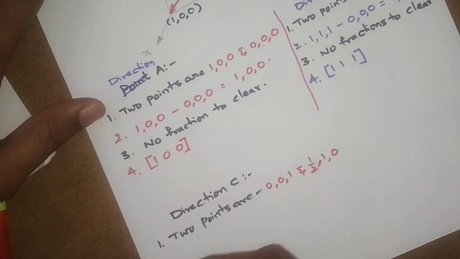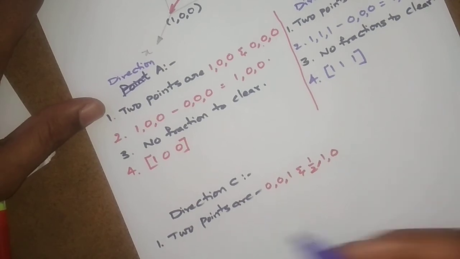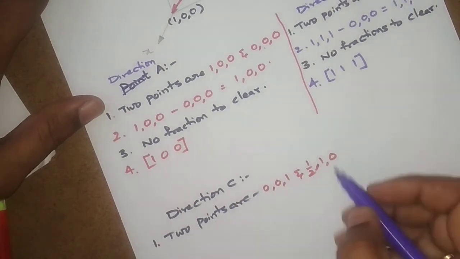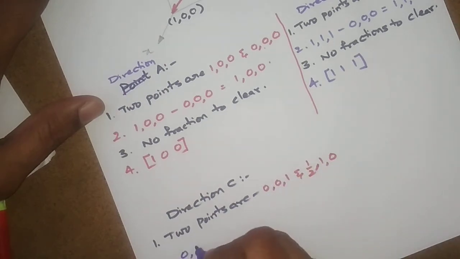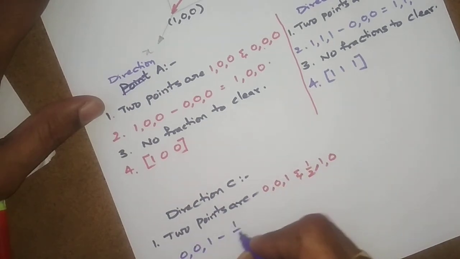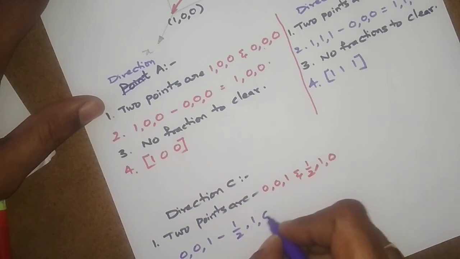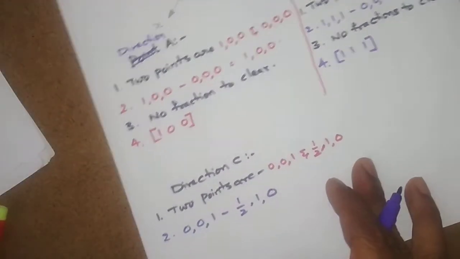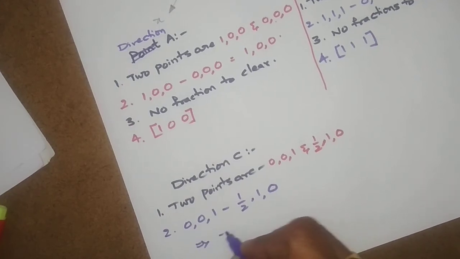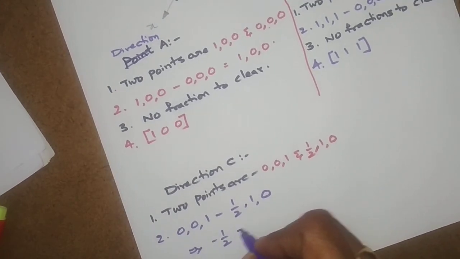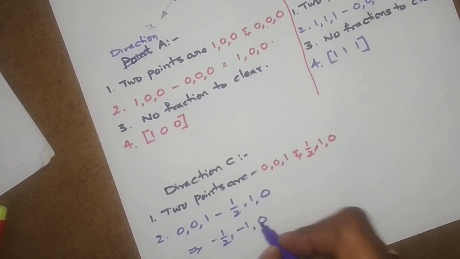The second step is to subtract the coordinates of the tail point from the coordinates of the head point. So 0, 0, 1 minus 1 by 2, 1, 0 gives minus 1 by 2, minus 1, and 0.